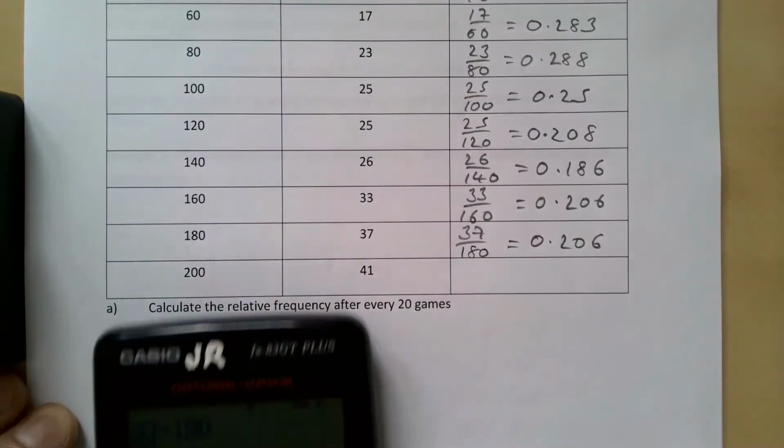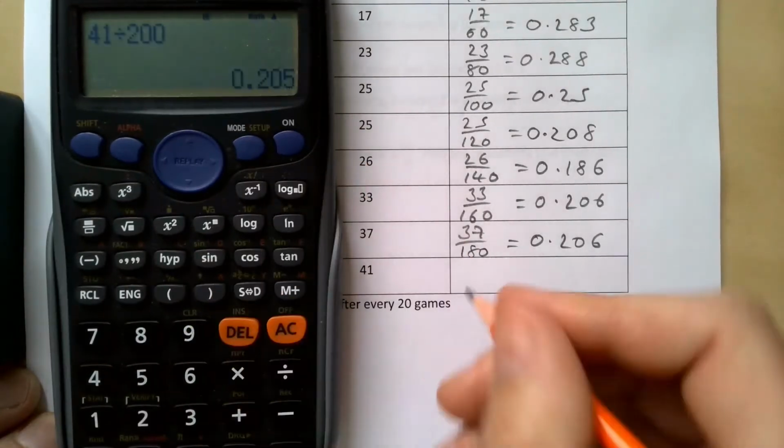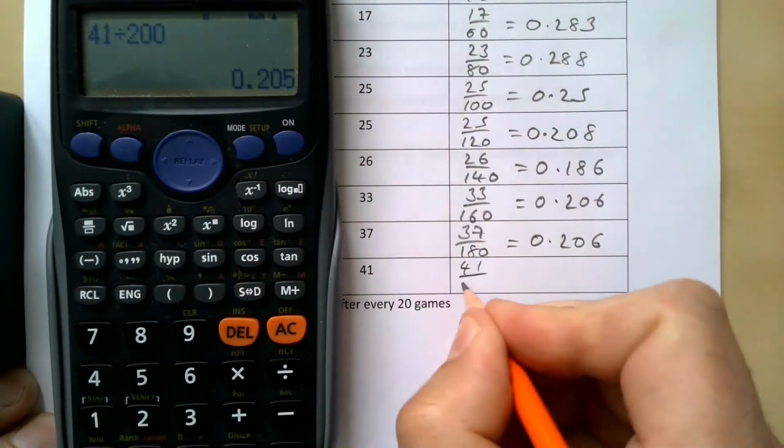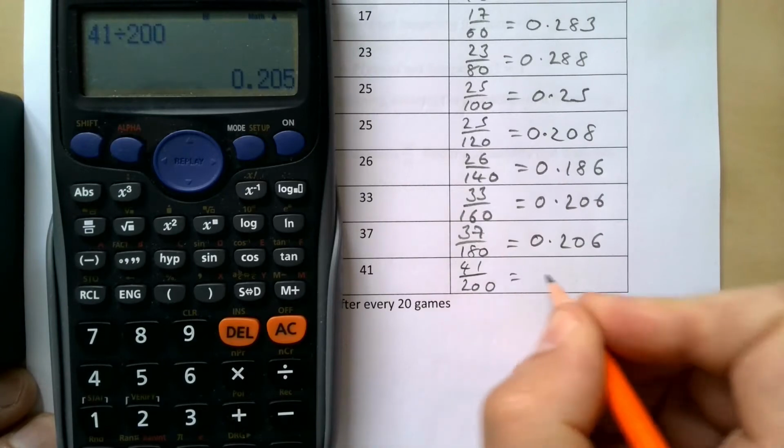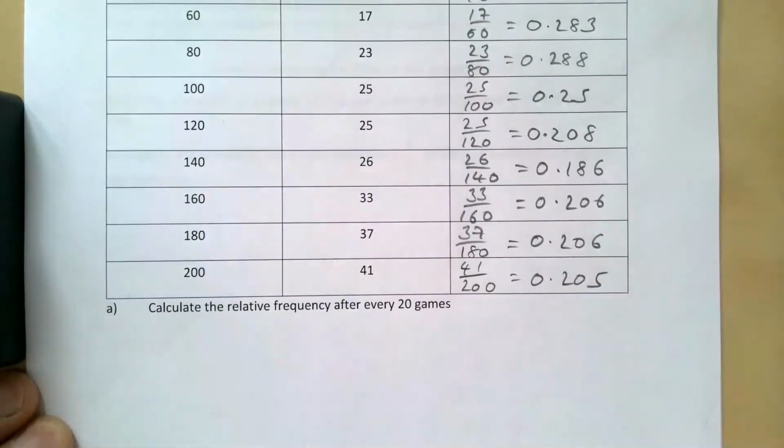And then 41 over 200 is 0.205. So that's where we are.